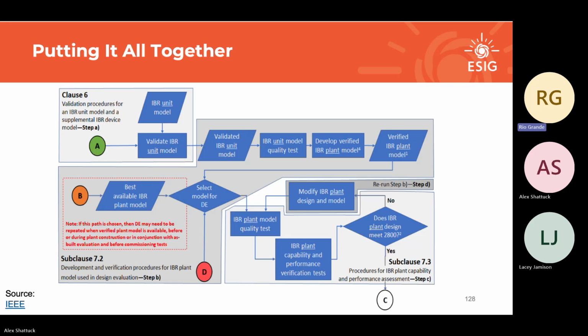But the good news is, when I was at NERC I put in a SAR, and they gave it to a drafting team for a new standard for FAC-001 and FAC-002, where we basically copied the table of contents from IEEE 2800 into the SAR.